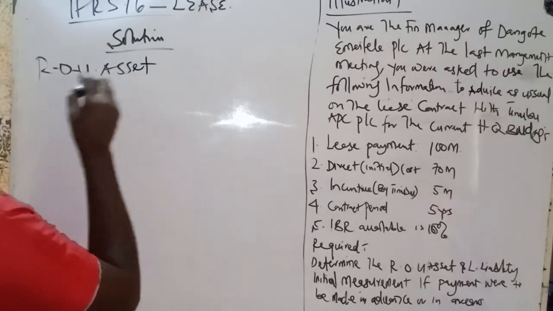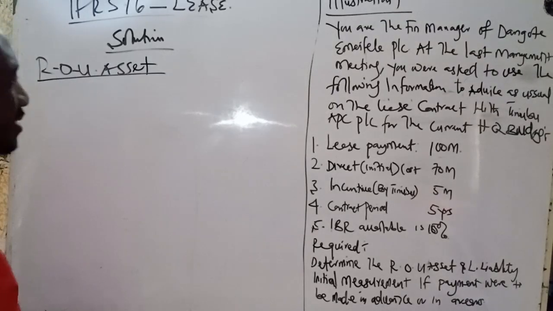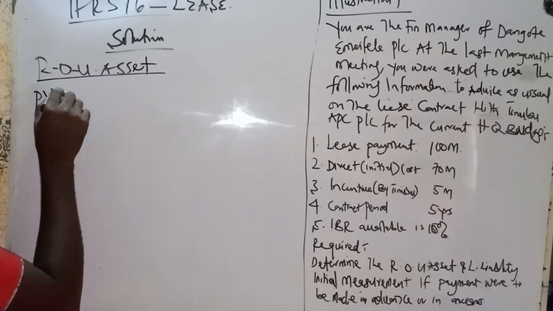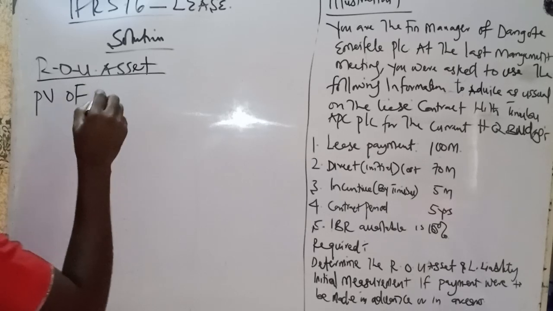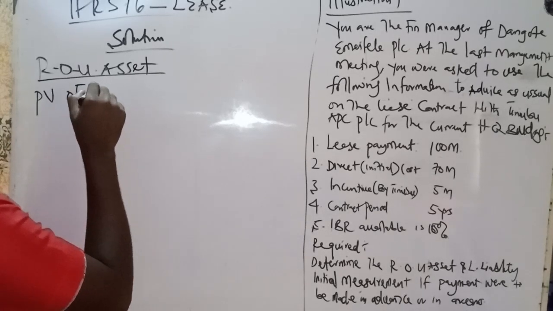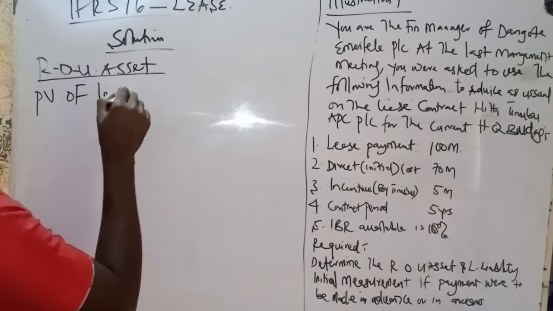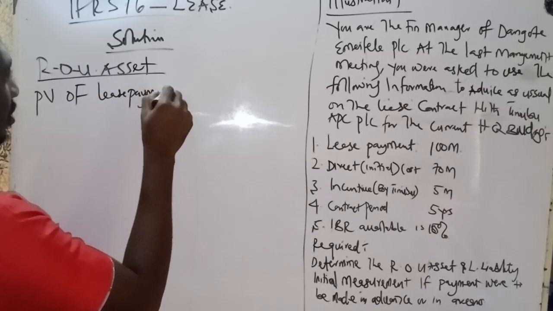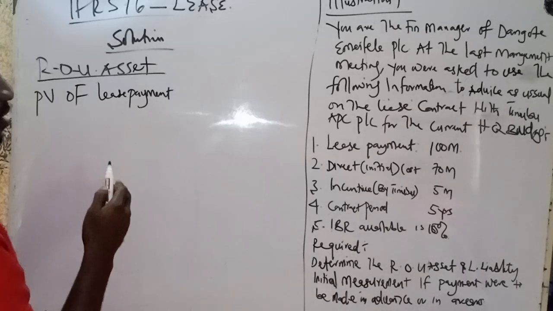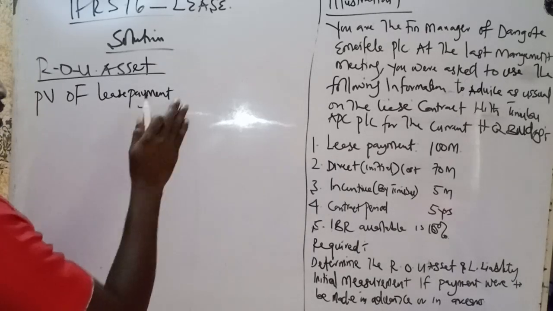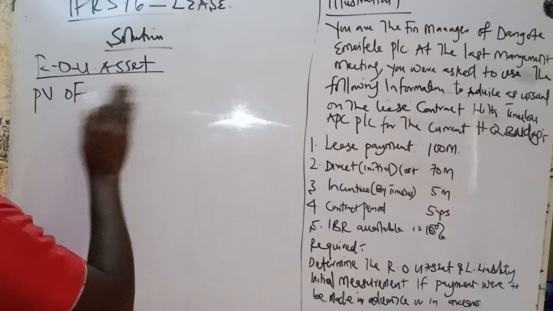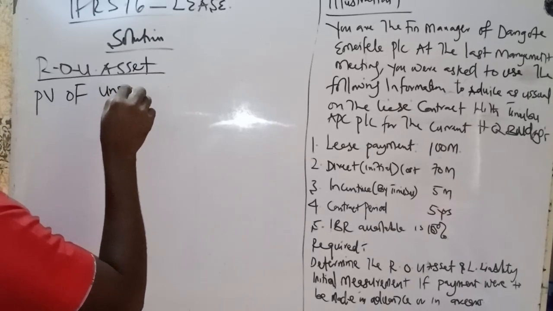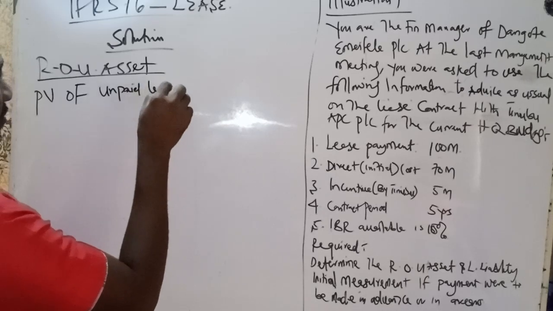This right of use asset is the sum of the present value of unpaid lease payment, because if it were to be in arrears or in advance, let's use that word.